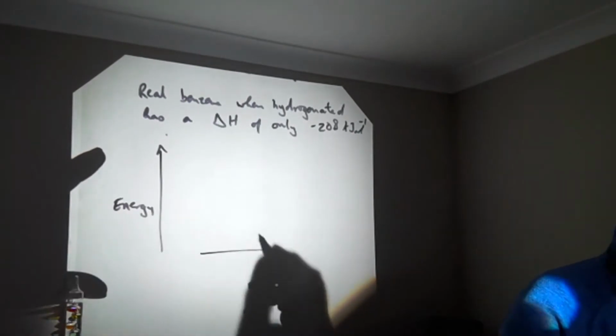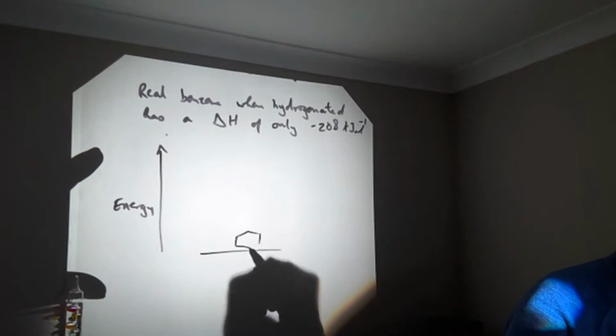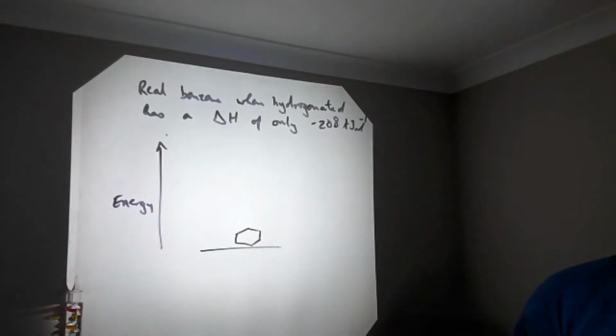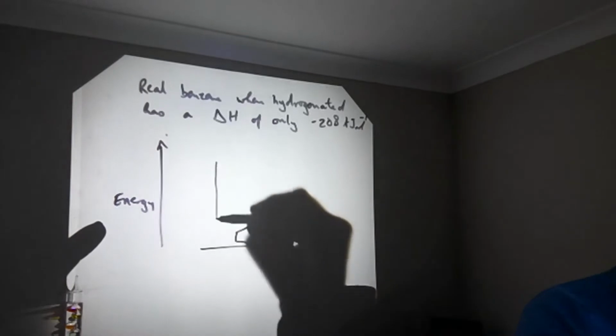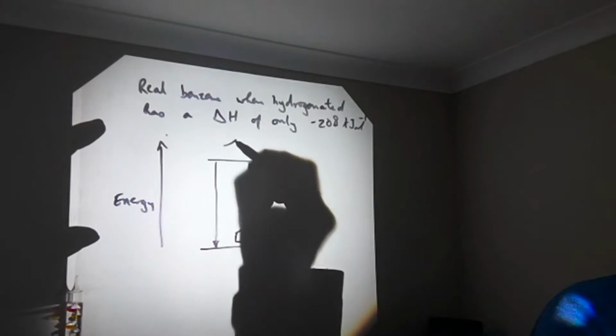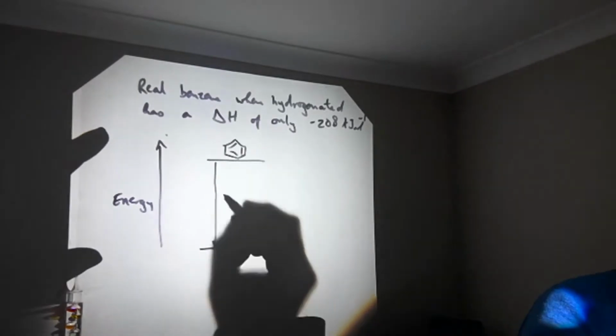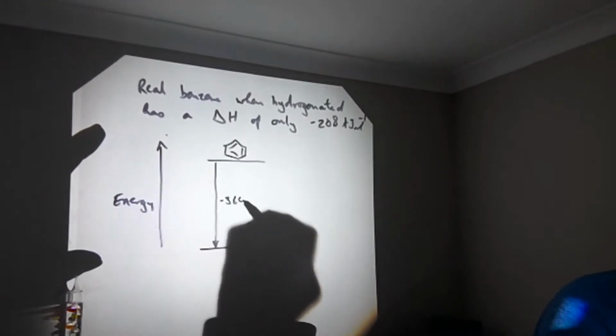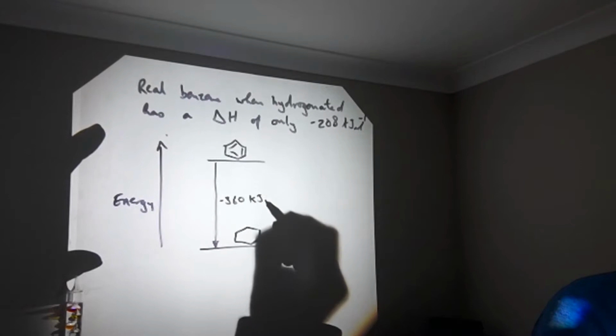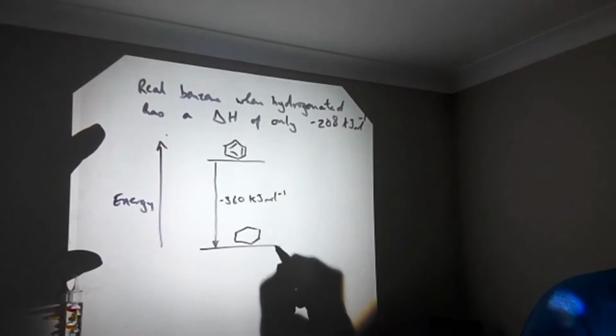So on an energy level diagram, where we have the energy here, in both cases we're going to end up with cyclohexane there. If we have the cyclic triene structure, that's a Kekulé structure, then we would expect that energy gap to be minus 360 kilojoules per mole.